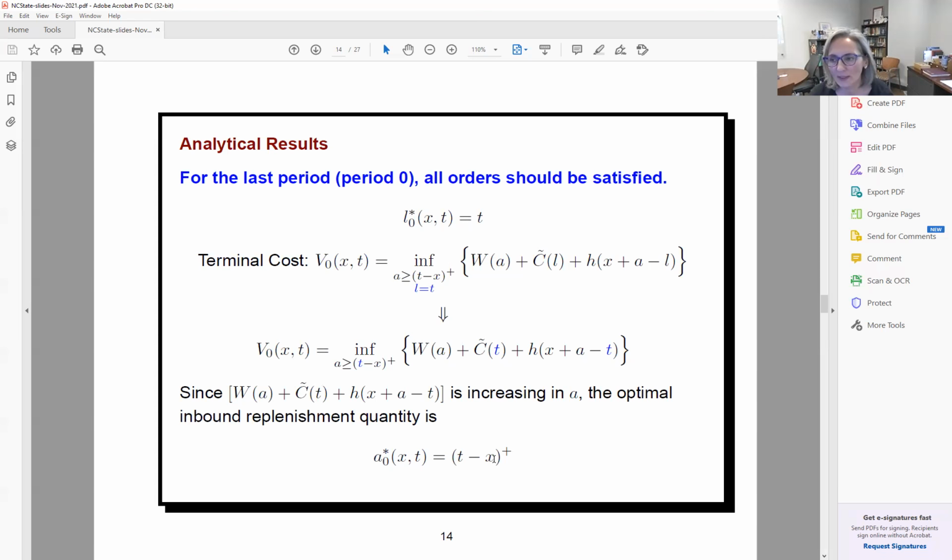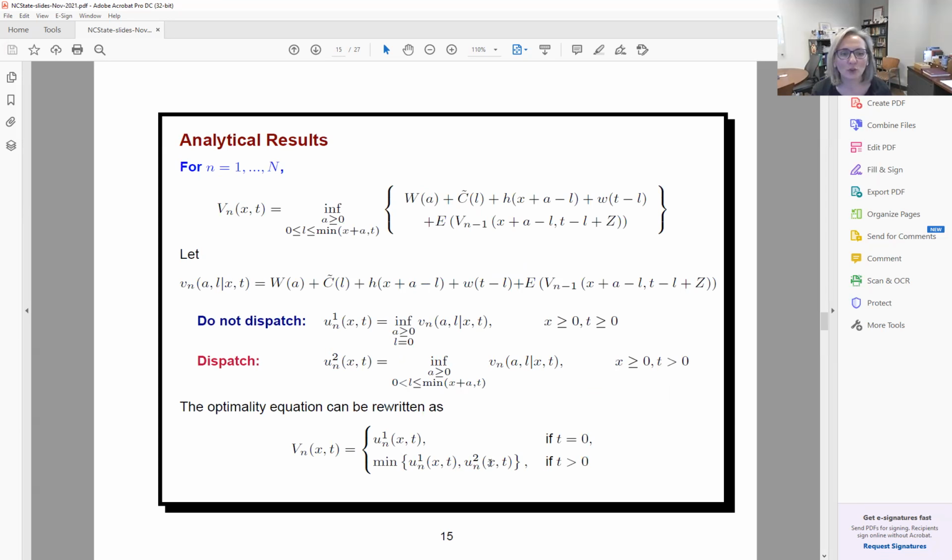Your order quantity is 0. The plus notation means that when T is larger than X, you order T minus X units, and when T is smaller than X, you do not order anything. This is, I guess, expected, and it is useful to analyze the problem further.